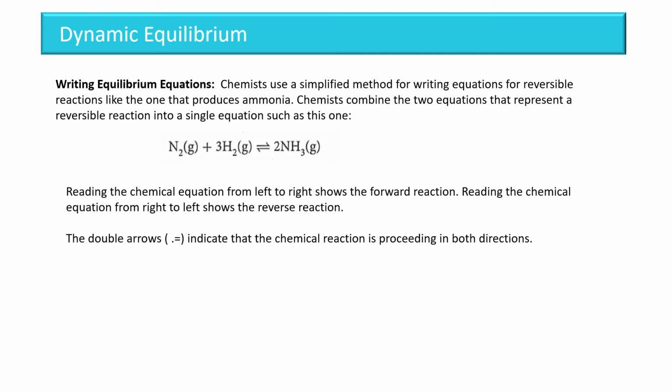Reading the chemical equation from left to right shows the forward reaction. Reading the chemical equation from right to left shows the reverse reaction. The double arrows indicate that the chemical reaction is proceeding in both directions.